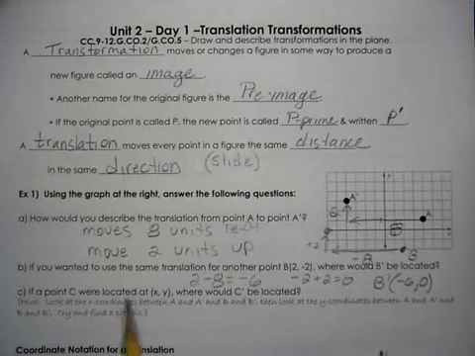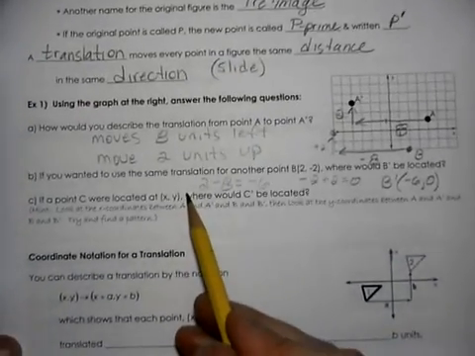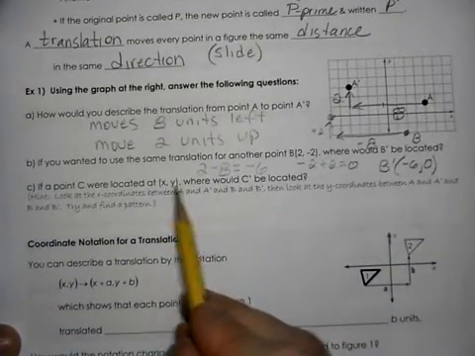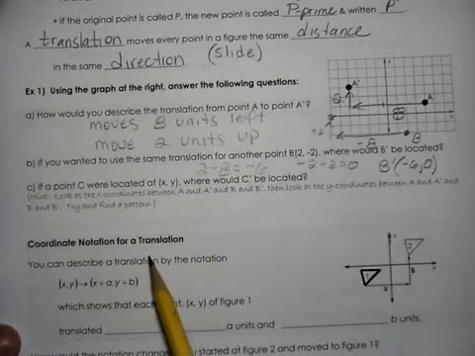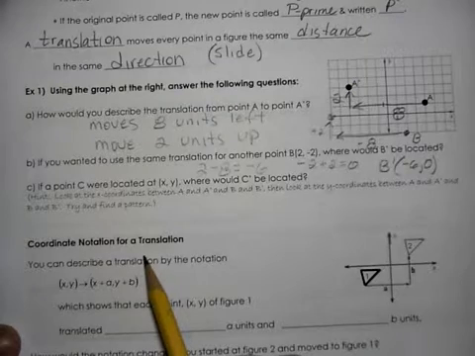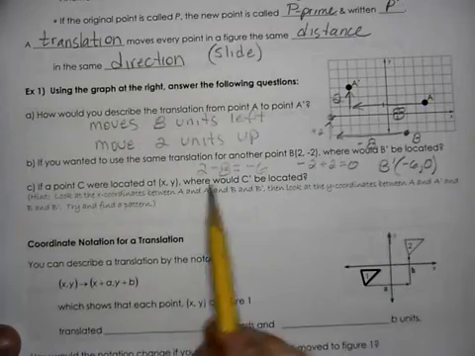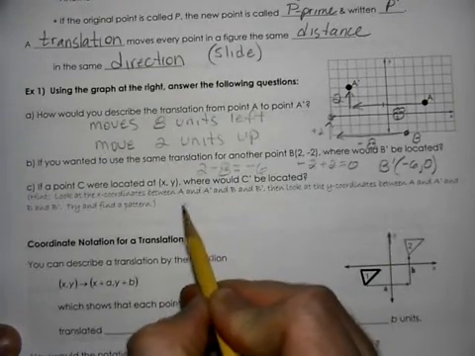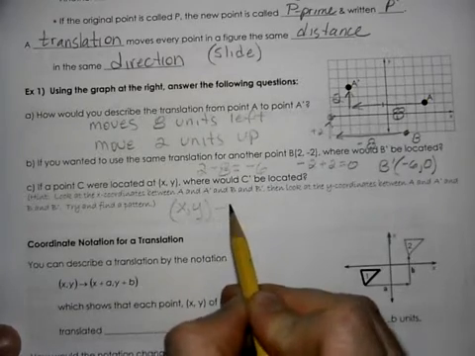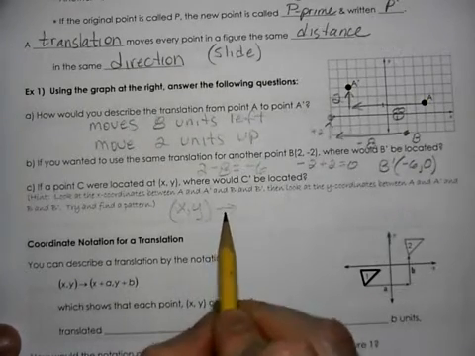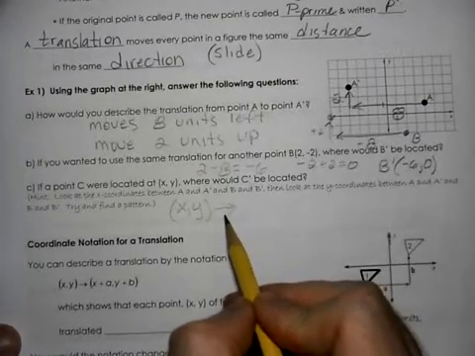If a point C were located at X, Y, that means any point on the xy axis, where would C prime be located? If we were moving that same amount, we would say that our original X, Y is going to move, this is a transformation symbol, not just translation, but transformation.